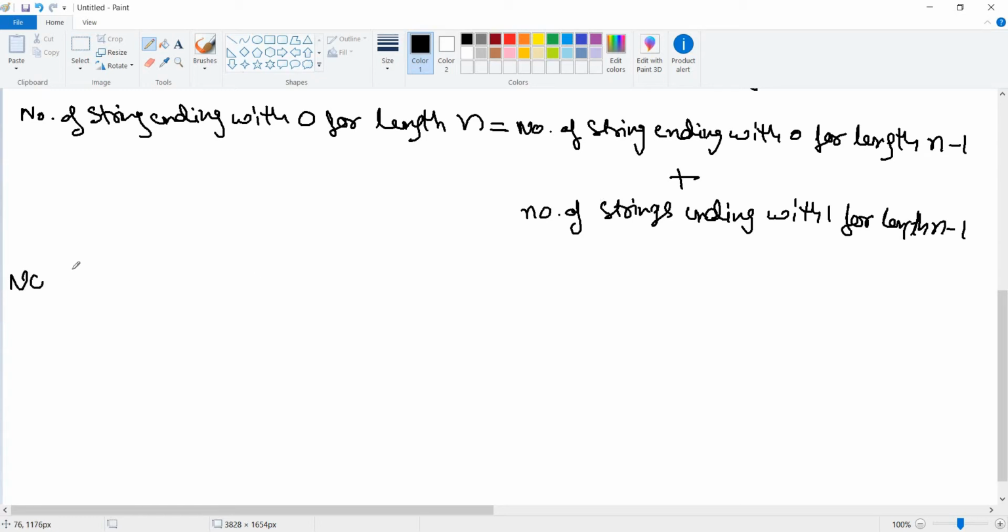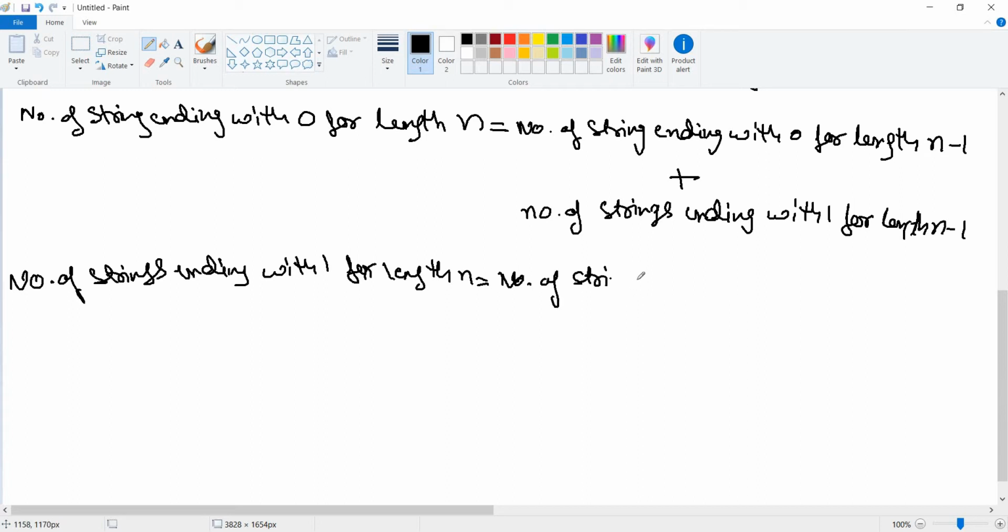Now, the number of strings ending with 1 for length n is equal to the number of strings ending with 0 for length n minus 1. So these are the only two conditions on which our complete question is based.